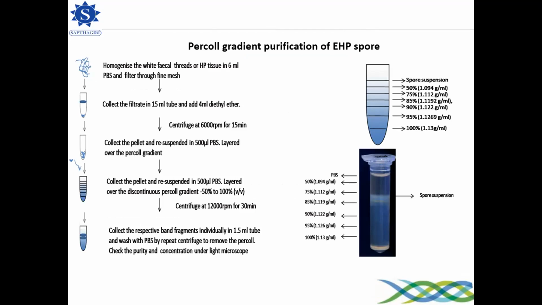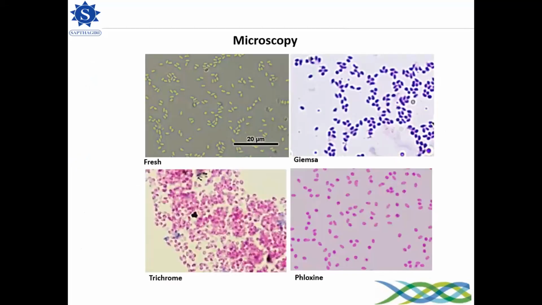So in order to purify the EHP spore, the chemical used for gradient preparation is Percoll. The Percoll gradient allows the spore separation from debris. Through this method, we can separate the spore in a purified form to conduct other studies. So these are the different microscopic pictures of EHP spores.